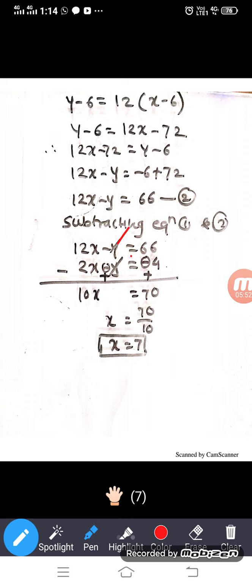Plus y minus y get cancelled, 12x minus 2x is equal to 10x, 10x is equal to 70, 66 plus 4 is equal to 70. This 10 goes on this side, we get divide, x is equal to 70 upon 10, then we get x is equal to 7.